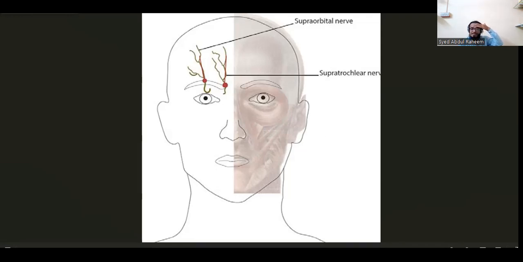During facial paralysis, you want to wrinkle your forehead, but you are unable to do so.